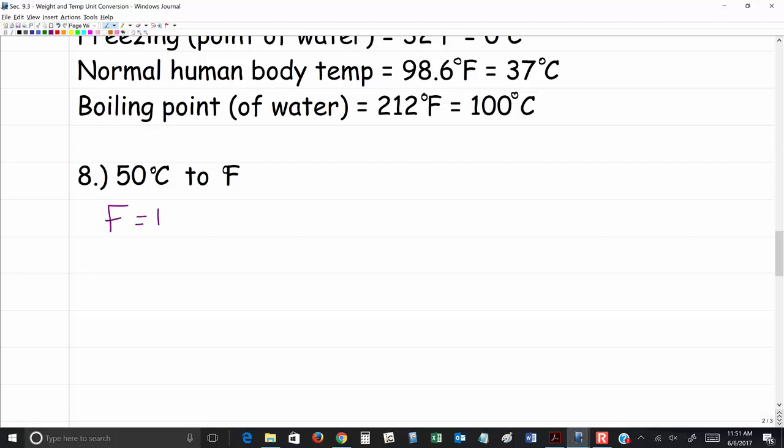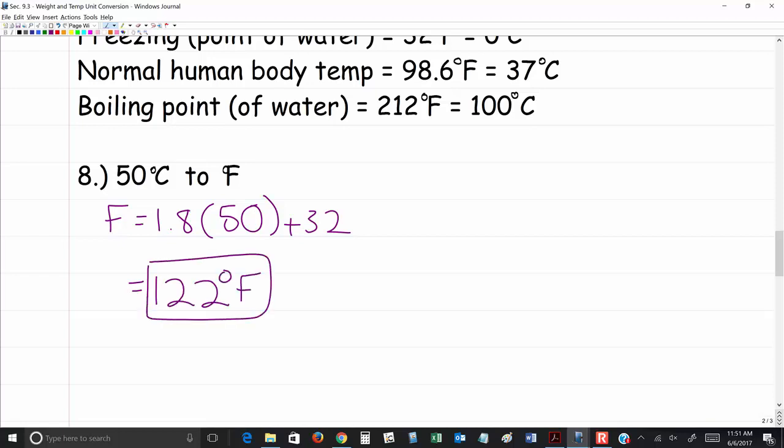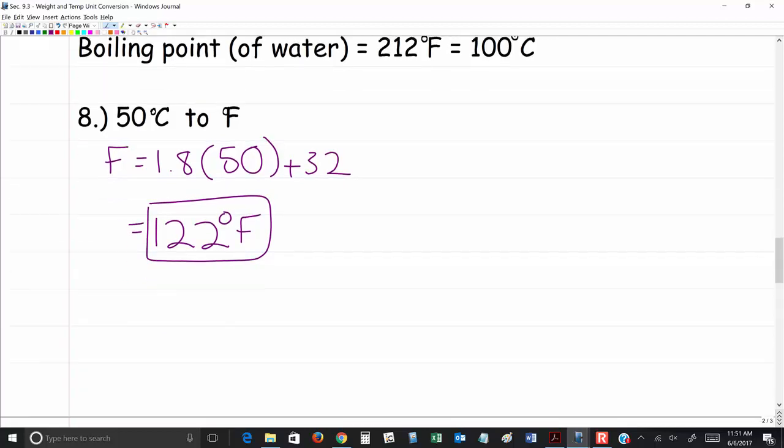F equals 1.8 times 50 plus 32, which equals 122. So 122 degrees Fahrenheit. Easy peasy.